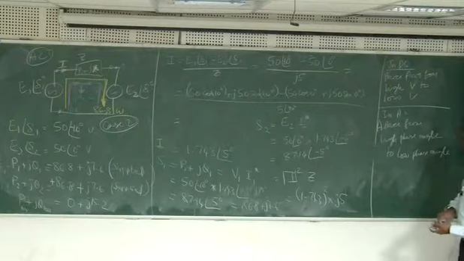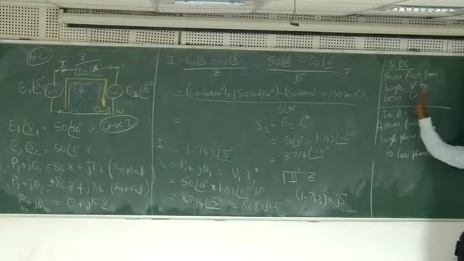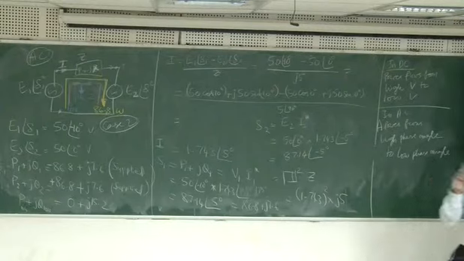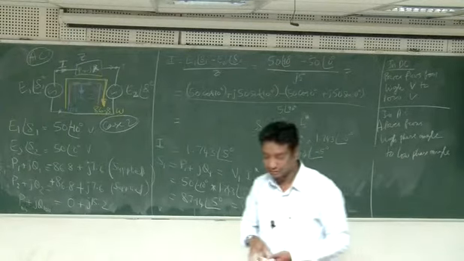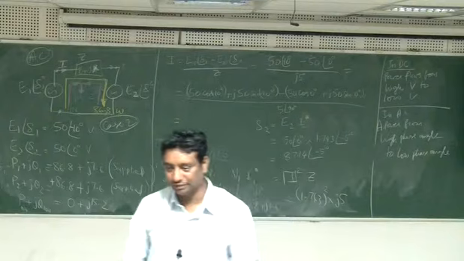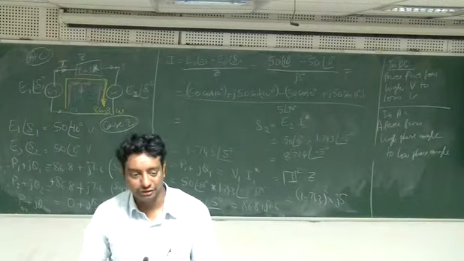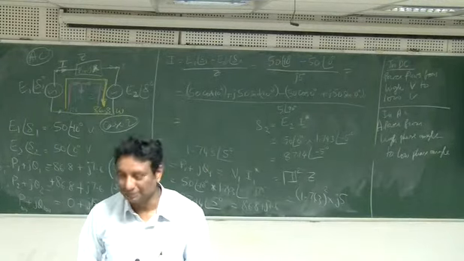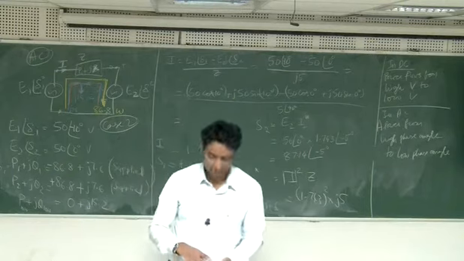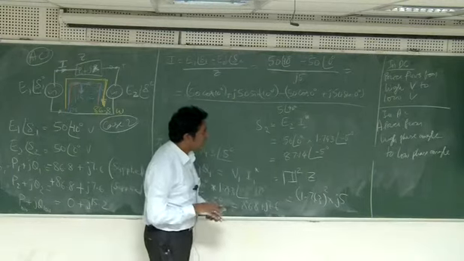Now it is very easy to control the magnitude of voltage in the case of DC, but it is quite difficult to control the phase angle in an AC circuit. So that's why it is slightly complicated to control the power in an AC network. We will come to that when we are talking about AC power networks.